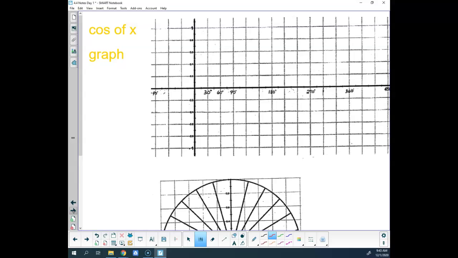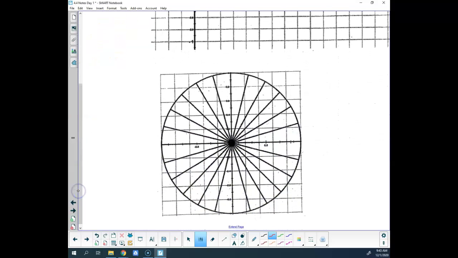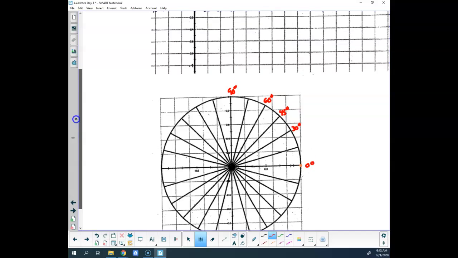Now, let's go to cosine. Cosine on the unit circle is the x values. So I'm going to do the same thing that we just did, except now instead of measuring vertically, I'm going to measure horizontally. So at 0 degrees, my horizontal distance is 1.